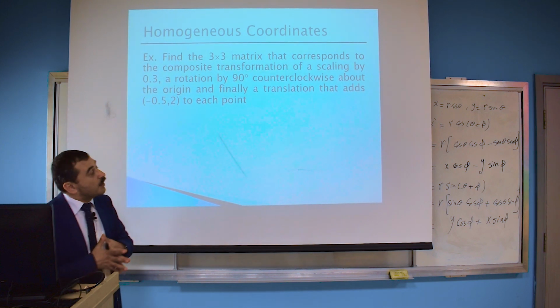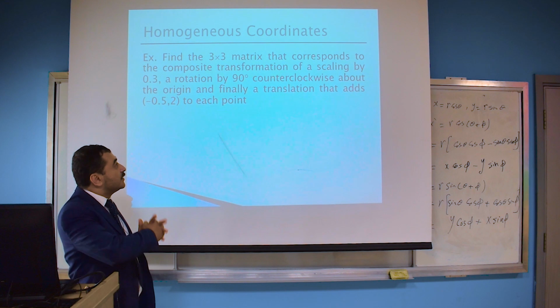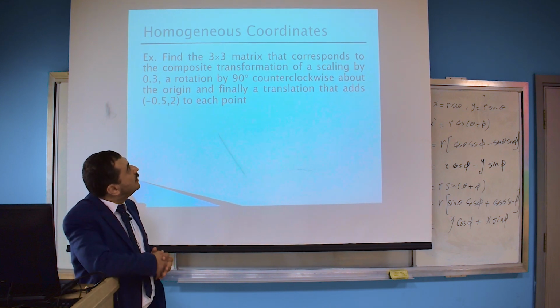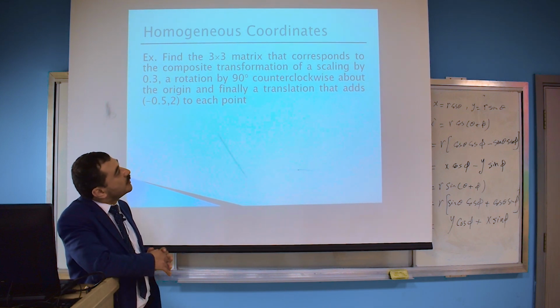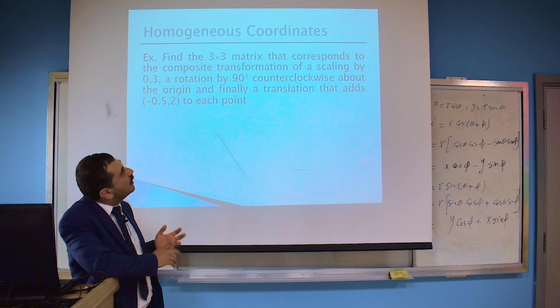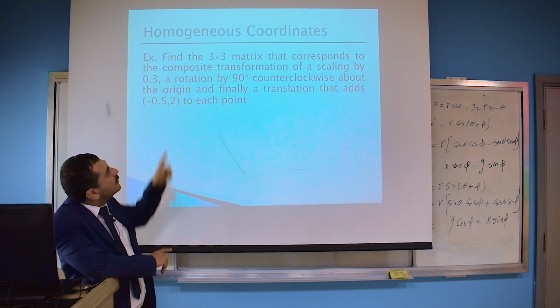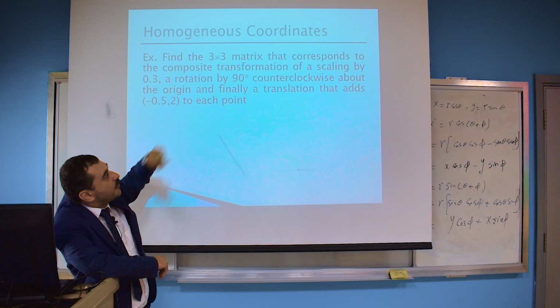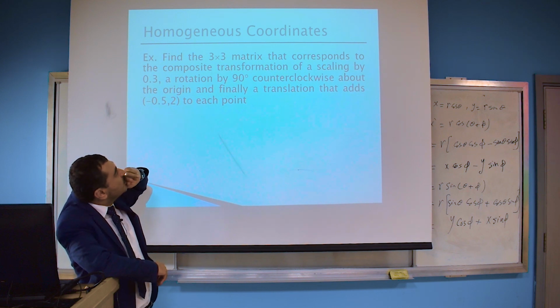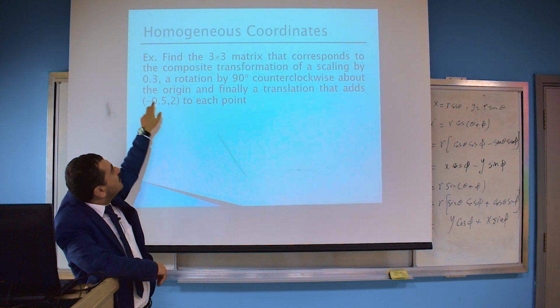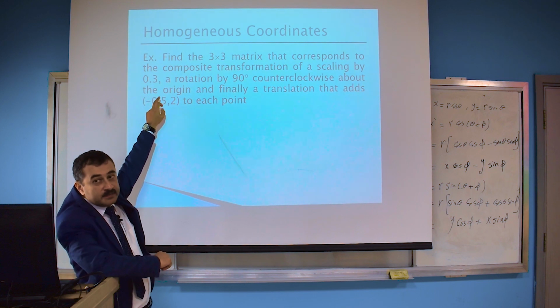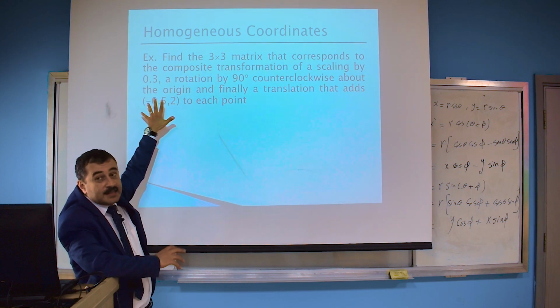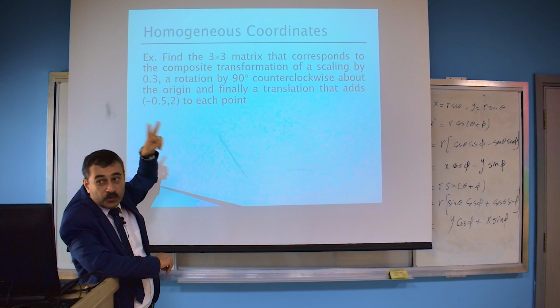So can we do a composite transformation that performs the following operations? I want to write it in homogeneous coordinates, a 3 by 3 matrix, corresponding to scaling by 0.3. If you don't say scaling in x or in y, you do both.